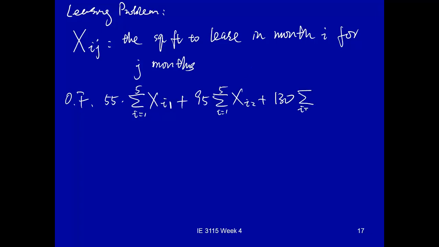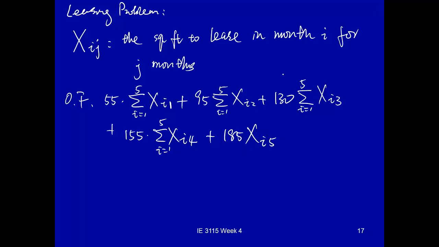Plus 5 xi3 plus 155 xi4. And the last one, 185 xi5, summation here.